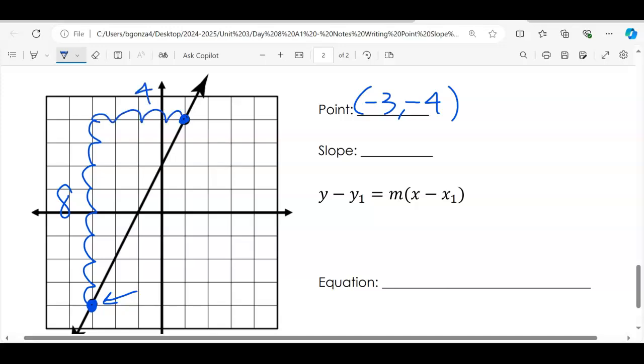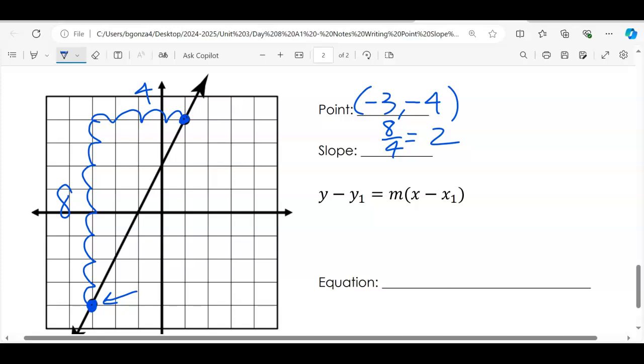Rise over run is 8 over 4. Now that you could put into Desmos, but I'm telling you, you should know what 8 divided by 4 is, hopefully. What's 8 divided by 4? 2 is correct. 2 over 1, but 2 is how we want to write it.